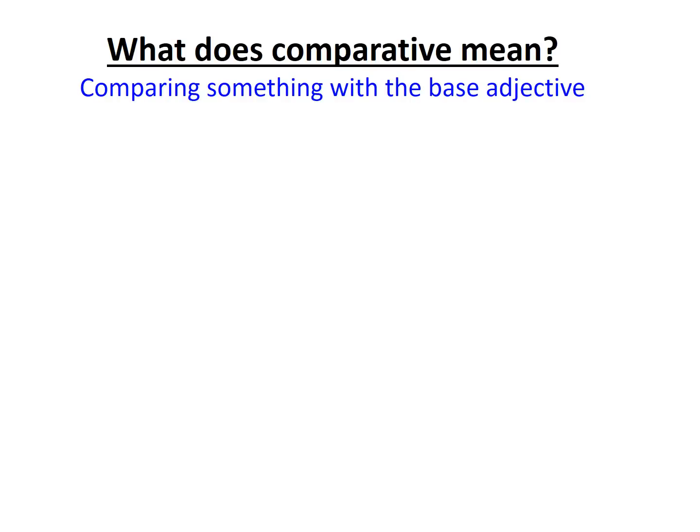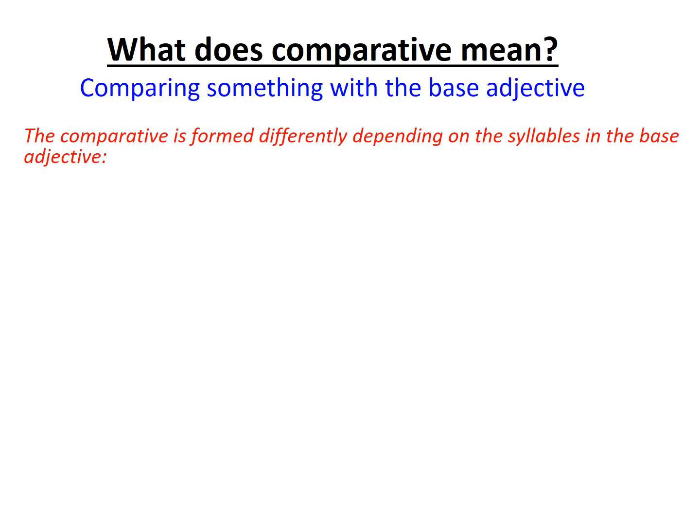So what does comparative even mean? It's comparing something with the base or absolute adjective. The comparative is formed differently depending on how many syllables in the base adjective. This is something we need to remember. If the base adjective has one syllable, then we add the letters ER to the base adjective.